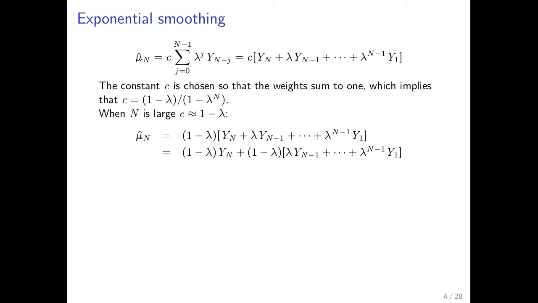We want to make an update of the previous estimate to the most current estimate. Up here you have the 1 minus lambda factor, then all the y's. The sequence is, of course, one shorter than up here, but you have a lambda multiplied on everything that you have up here.